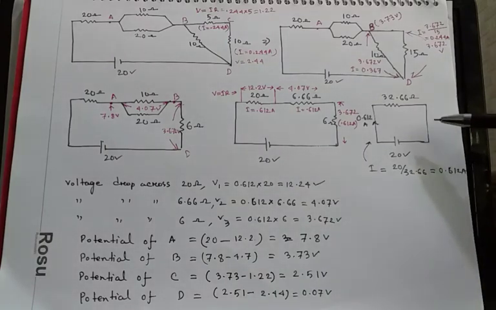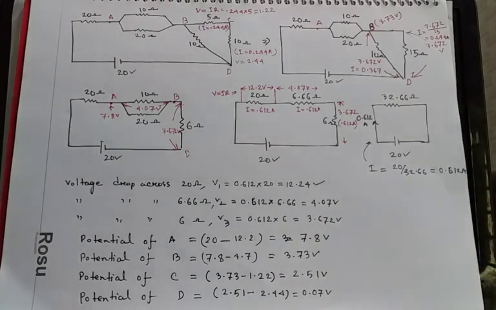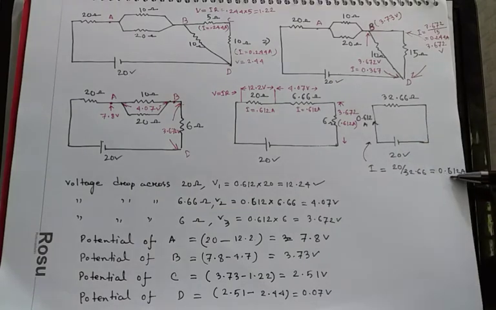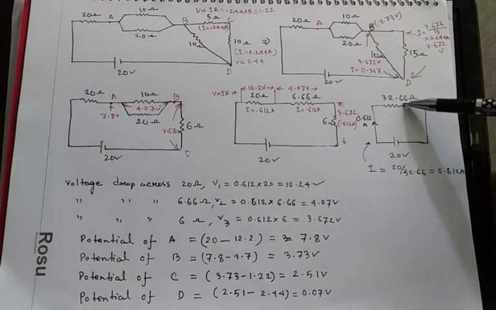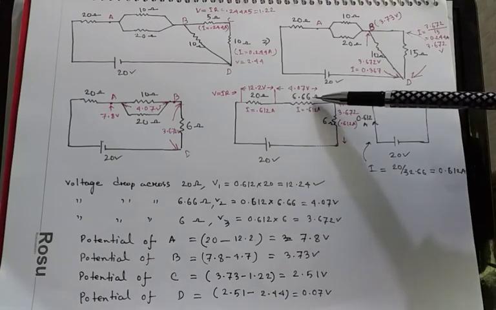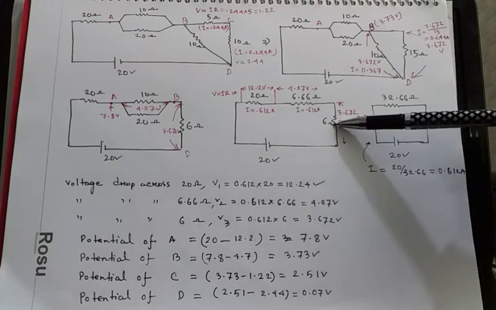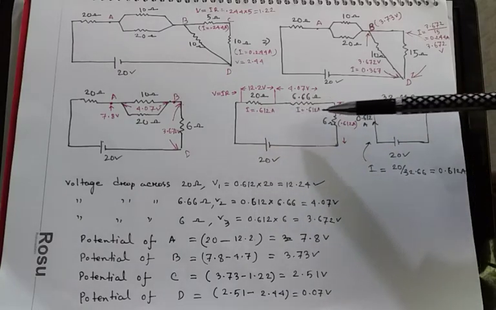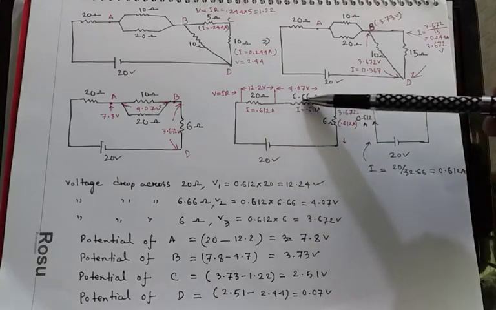Final circuit, after combining all resistors, we have got that the equivalent resistor is 32.66 ohm, and for that we have got the total current 0.612 amps. As this equivalent resistor is a combination of three resistors, that means 20 ohm, 6.66 ohm, and 6 ohm, you know that the current will be the same for all branches, as these three are in series.